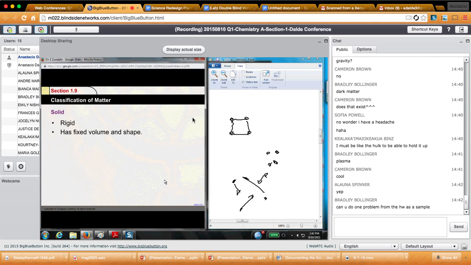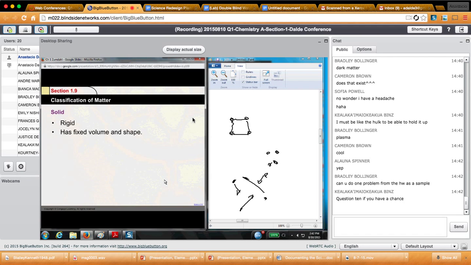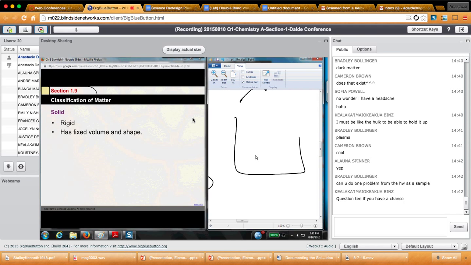All right, a solid has a fixed volume and shape. An ice cube, all right, and the way I taught that is if I took a big container and I put an ice cube in it, would the shape of the ice cube change? Not eventually, I'm just saying a frozen ice cube and I put it inside the freezer or whatever.